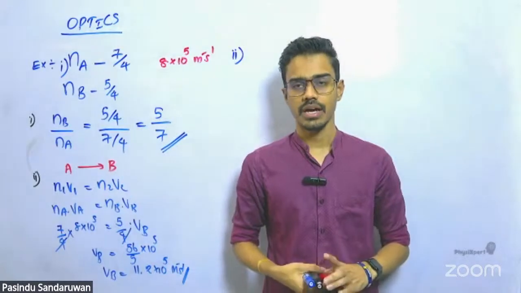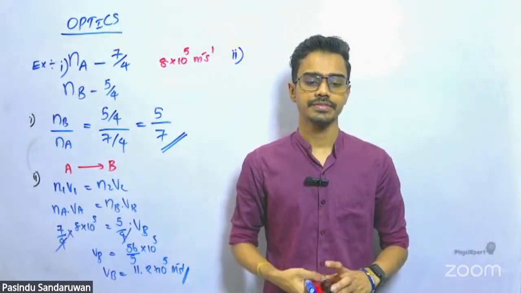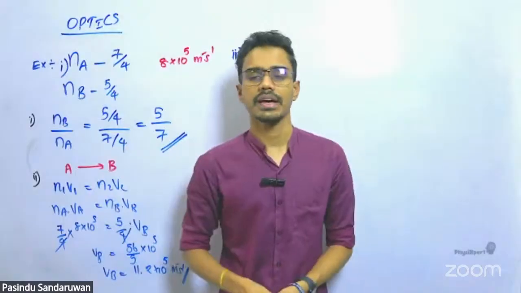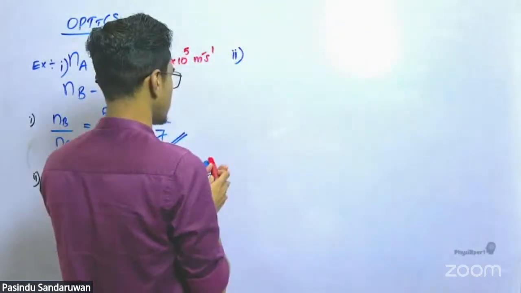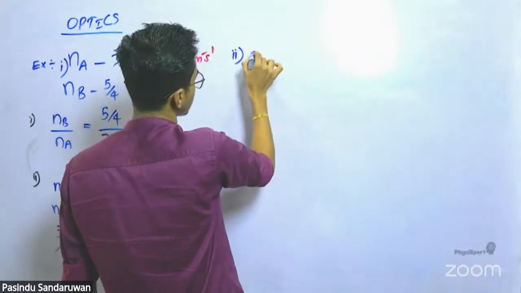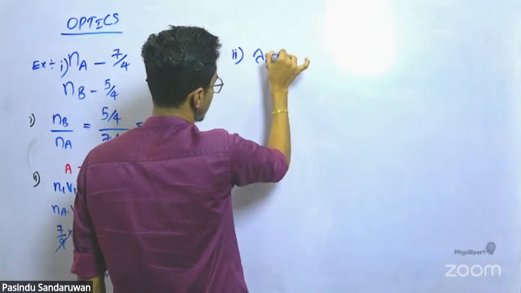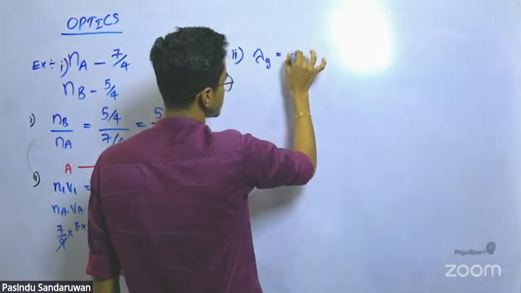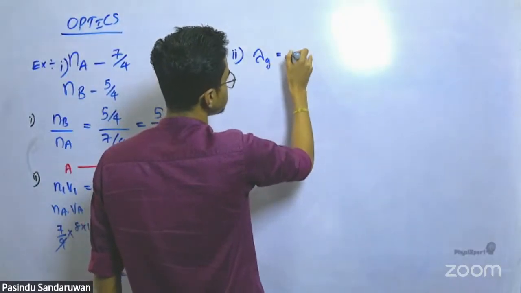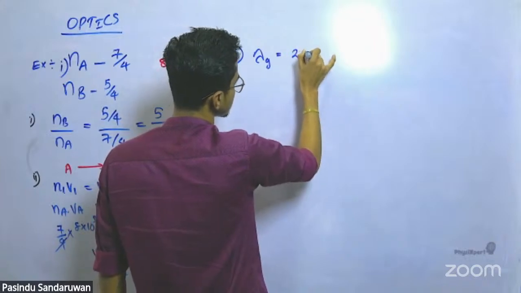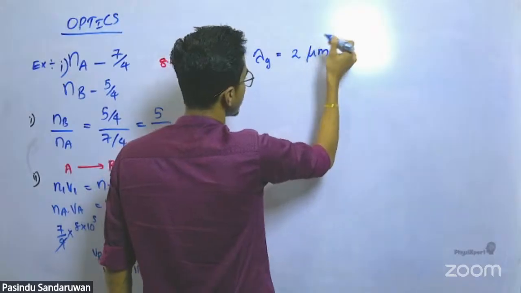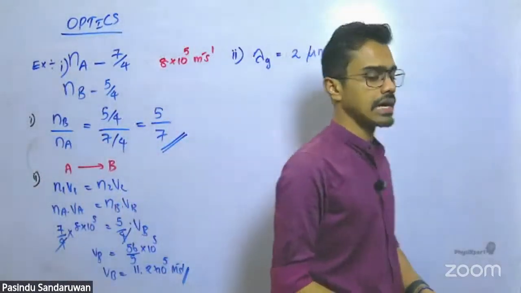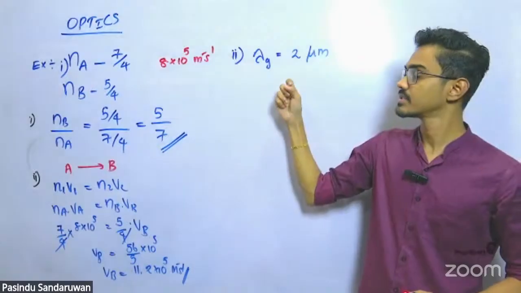And the wavelength of light in glass is 2 micrometers.